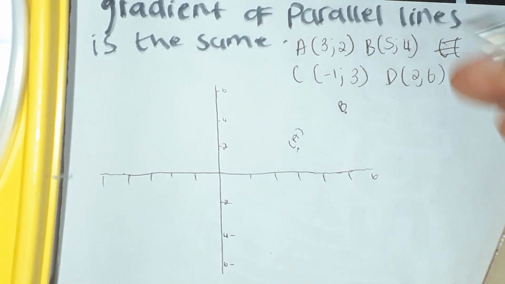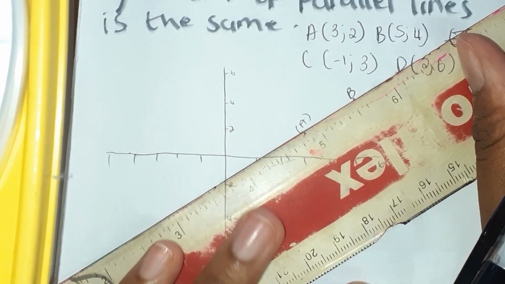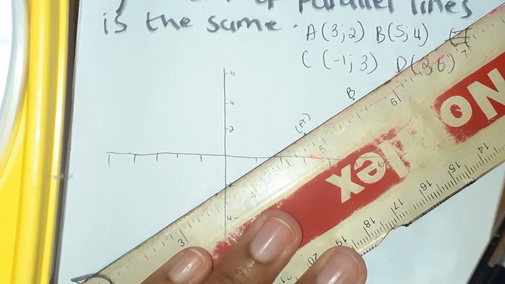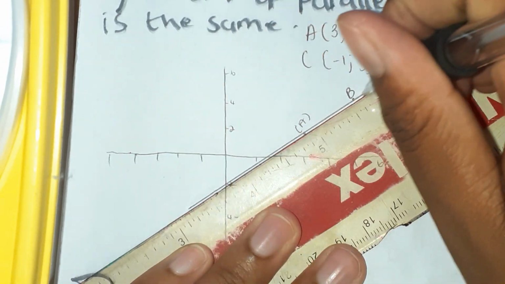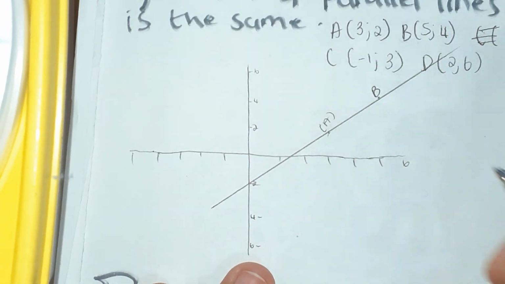This is B. Let's say maybe this line goes like this, or I just go like this, it's fine.